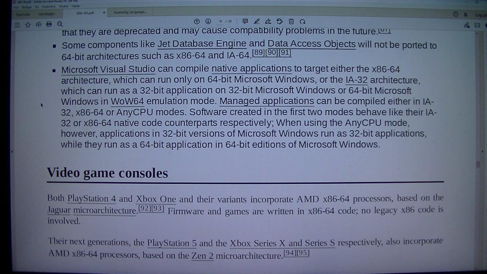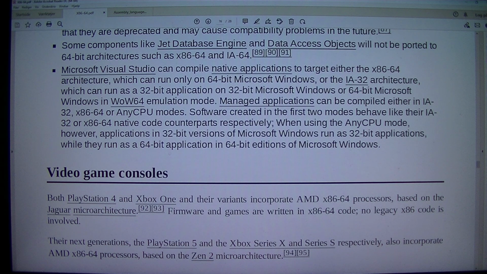Microsoft Visual Studio can compile native applications to target either the x86-64 architecture, which can run only on 64-bit Microsoft Windows, or the IA32 architecture, which can run as a 32-bit application on 32-bit Microsoft Windows or 64-bit Microsoft Windows in WoW64 emulation mode. Managed applications can be compiled in IA32, x86-64 or Any CPU modes.